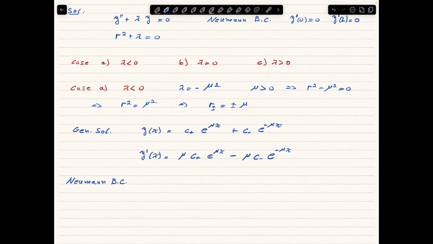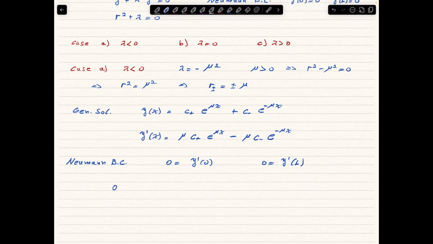Neumann boundary conditions, which recall, 0 has to be the derivative at 0 and 0 has to be the derivative at L. So the first equation is nothing more than 0 is equal to the derivative. So mu c plus, at 0 the exponential disappears, minus mu c minus, the exponential disappears.